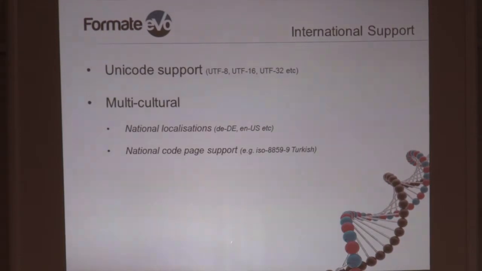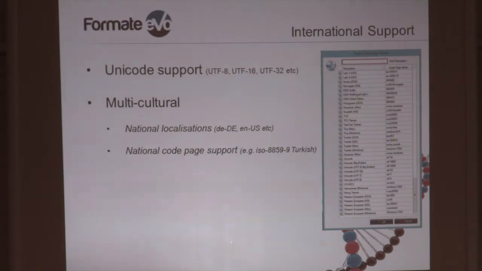We can also do national code page support for non-Unicode languages. And this is just part of the list within eVo of the different code pages and items that you can select.